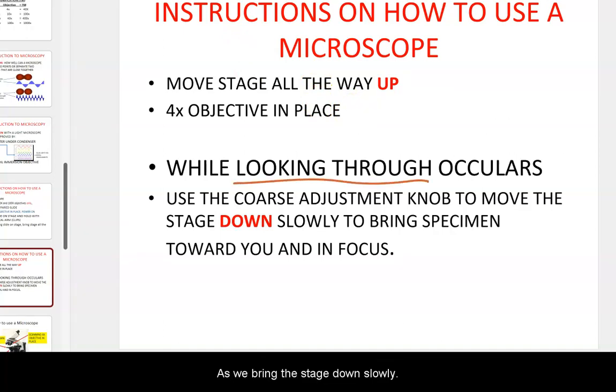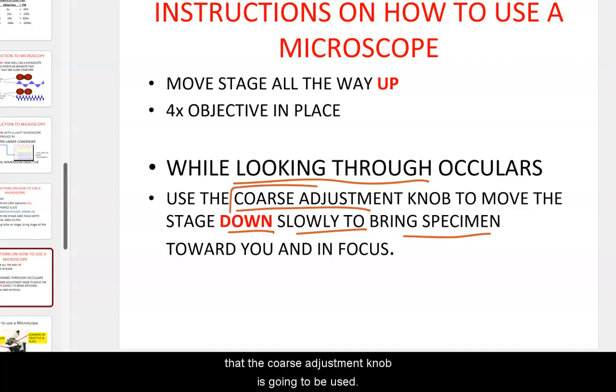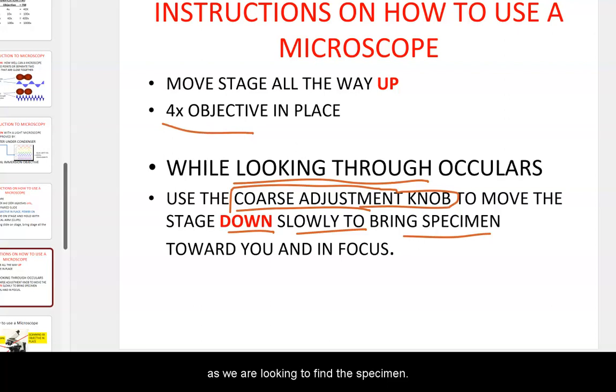As we bring the stage down slowly using the coarse adjustment knob until we find the specimen. This is the only time that the coarse adjustment knob is going to be used, with the 4x objective as we're looking to find the specimen.